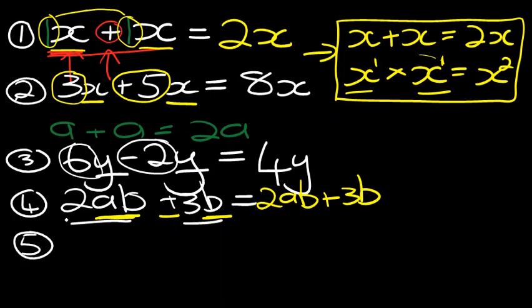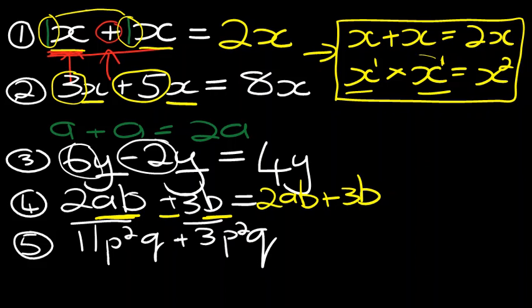Let's look at another example. Let's say you have 11p squared q plus 3p squared q, and let's make that a minus to make it a bit more interesting. Here you'll see you have like terms again because the variables and the exponents are exactly the same.